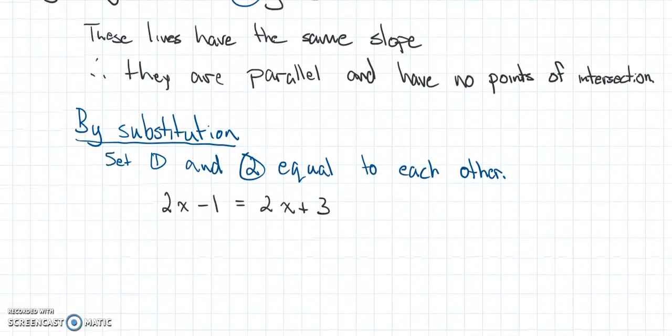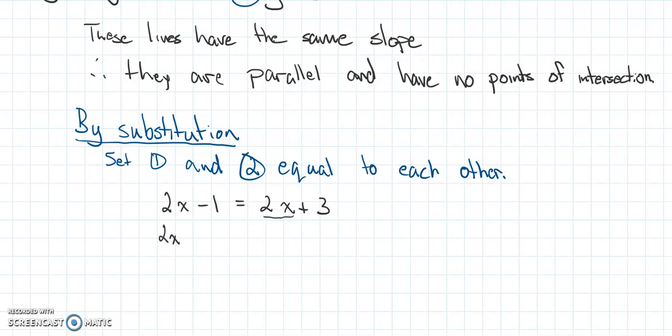Now you try to group the like terms. You have 2x on the left side, and you're going to subtract 2x from both sides. So the 2x on the right side goes away, and then we're going to add 1 to both sides. So we end up with 0x equals 4.